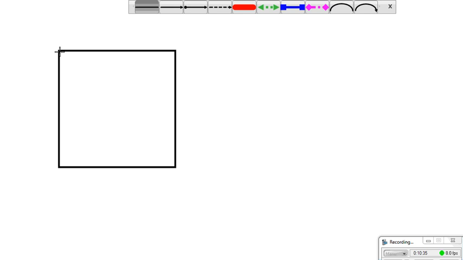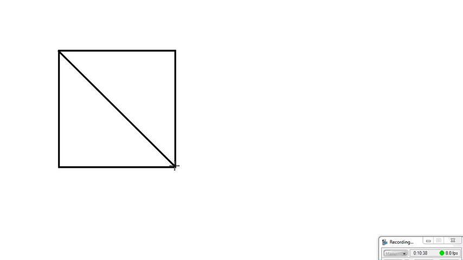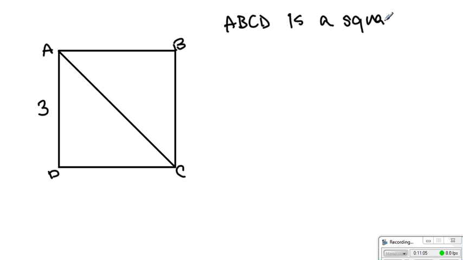And I'll say the diagonal is drawn for the square A, B, C, D. Now, I'll say AD is equal to 3.